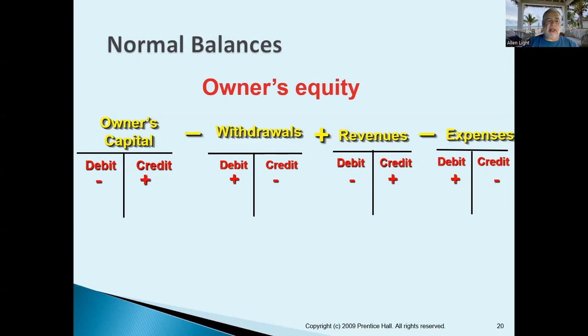So there's our debit and our credit. Expenses are also going to be subtracted from our capital, so those have to have the opposite characteristics of owner's capital and the opposite characteristics of revenue. So I hope you see where this is starting to come together a little bit and make some sense.